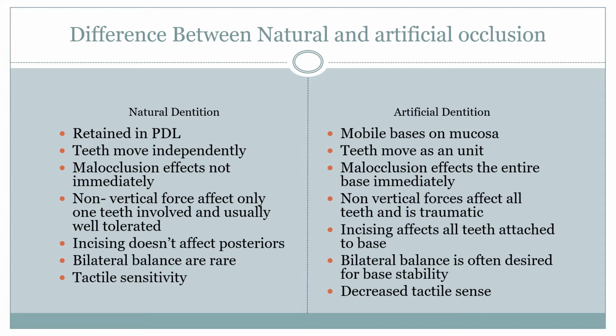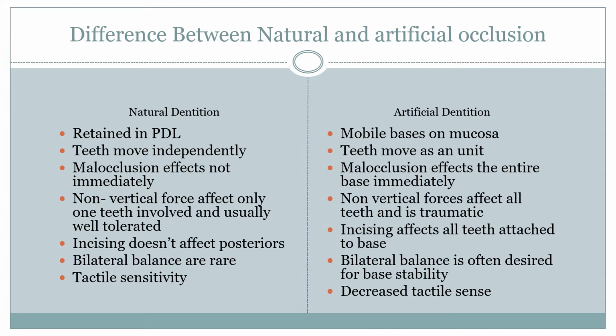Whereas in comparison with your artificial dentition, your dentures are supported by the mucosa, which is a movable tissue, right? Your natural tooth moves independently, and in your artificial dentition, it is moving as a complete unit, right? So the removable partial denture or your complete denture functions as one single unit.